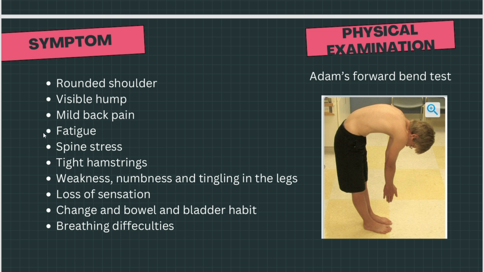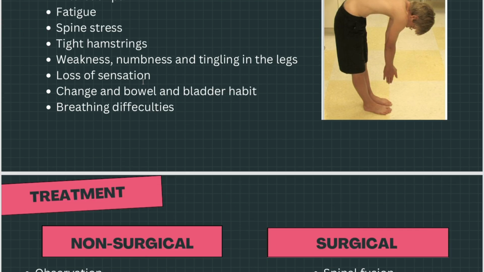Doctors usually use the Adams forward bend test to examine patients with kyphosis, where we ask the patient to bend forward with both feet together, knees straight and arms hanging free. The doctor is then able to see the slope of the spine better and observe any spine deformity.